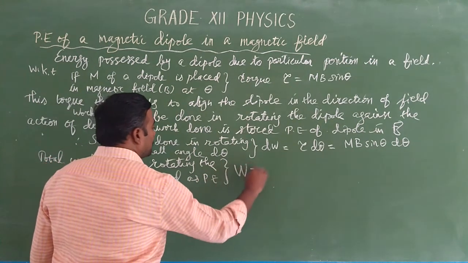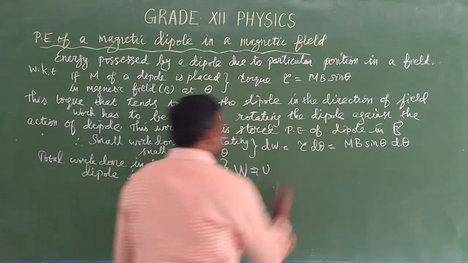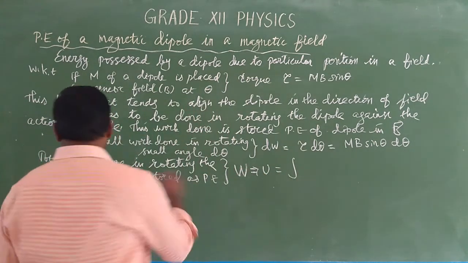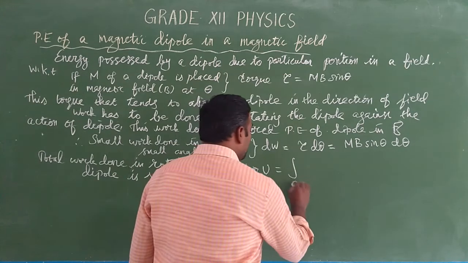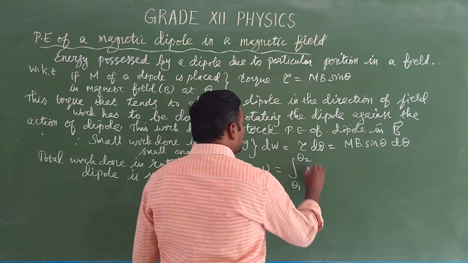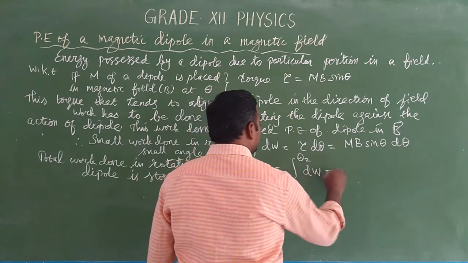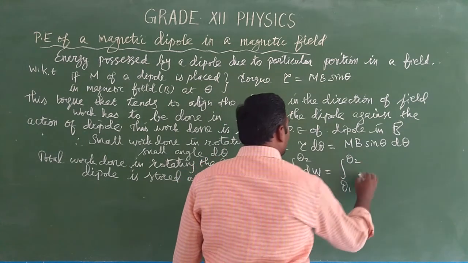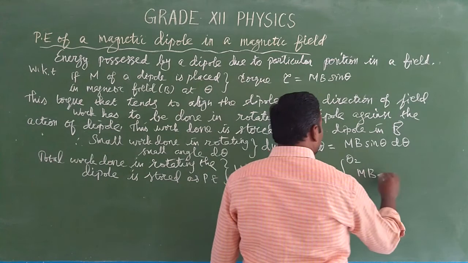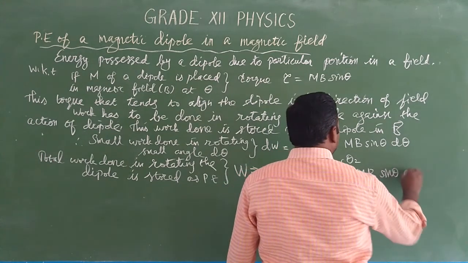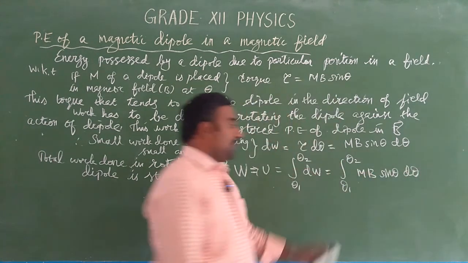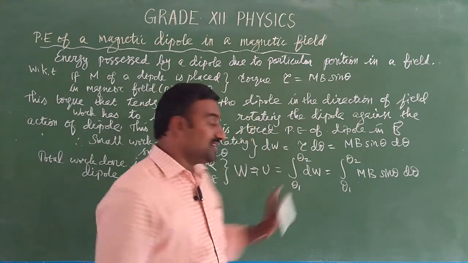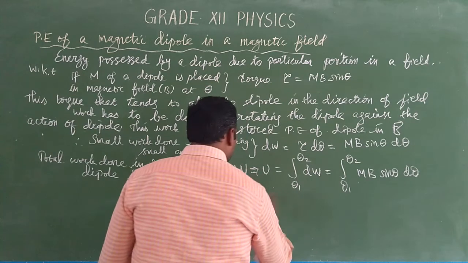The total work done stored as potential energy is equal to the integration of dW from one angle theta 1 to theta 2, that is integration theta 1 to theta 2 of MB sin theta d theta. The magnetic dipole moment and the strength of the field in the region are constant, so take the constant outside.